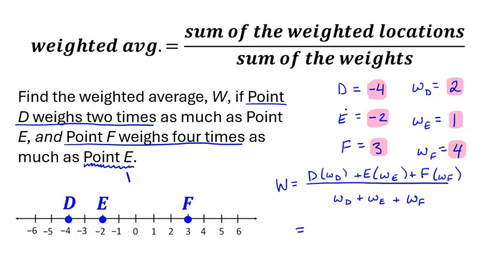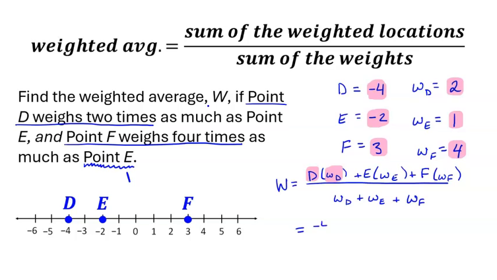If you had listed F first, then E, then D, it doesn't matter as long as you're pairing them with their respective weights. So it doesn't matter which ones you put first. Section formula, it matters. Midpoint formula, it doesn't matter. And then with weighted average, it doesn't matter as long as you're putting the weight with its location.